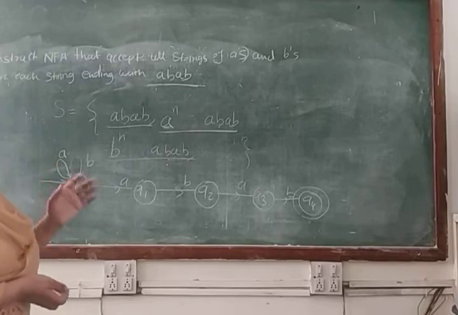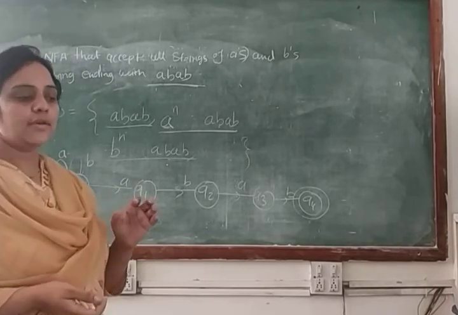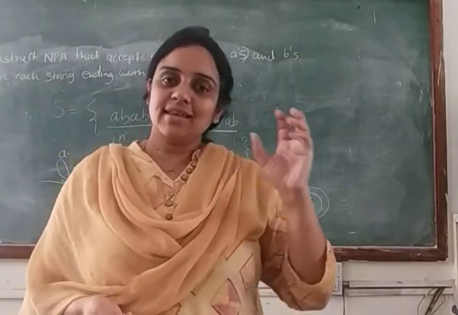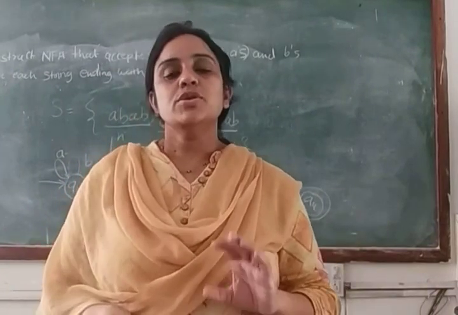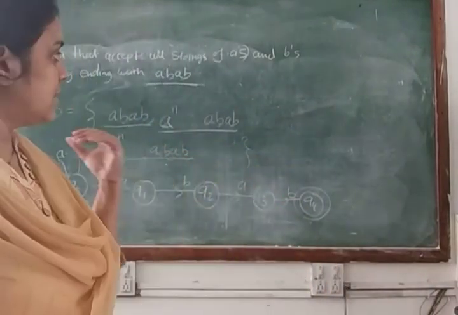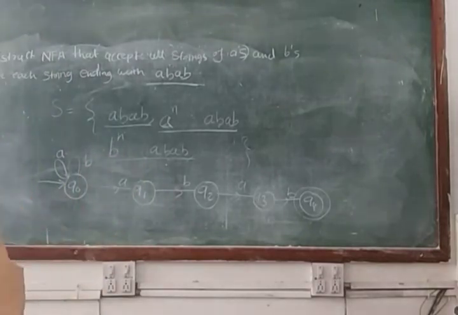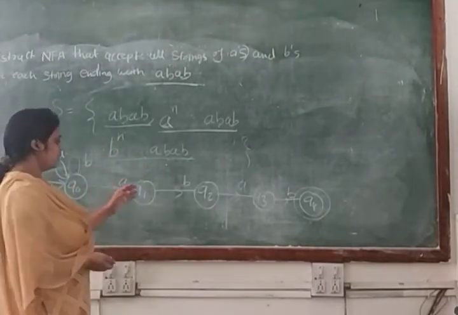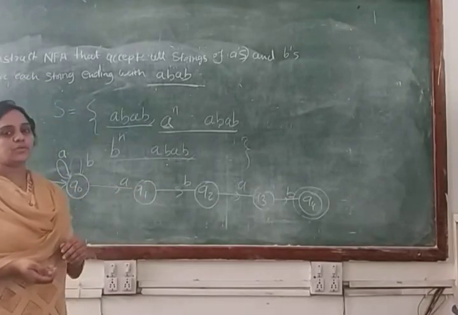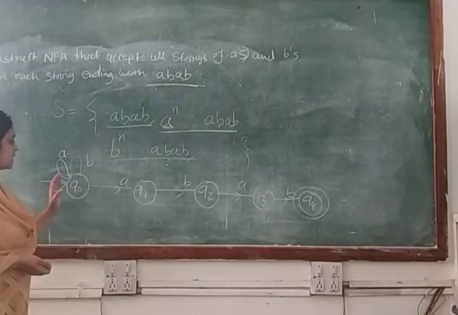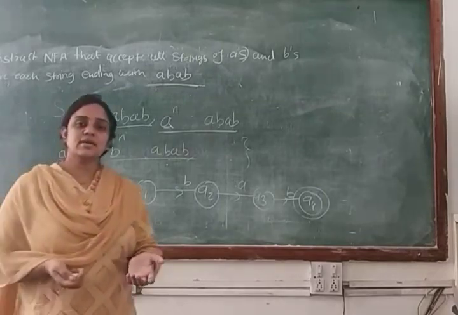Okay, another difference between NFA and DFA is that language recognition is easier in DFA than in NFA. So why are we saying the language recognition is easier in DFA than in NFA? Because if you don't have a transition from every state for every input symbol, or if you have a multiple transition, in that case ambiguity is created.